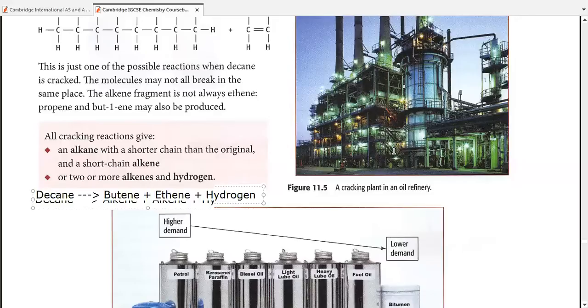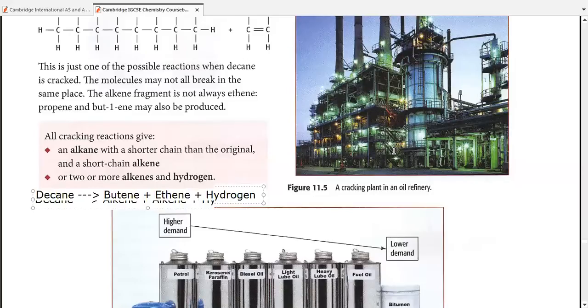And Nisha, this one is for you. Nisha, beta, what is the name of the second product for the equation Kabir wrote? Ethene.